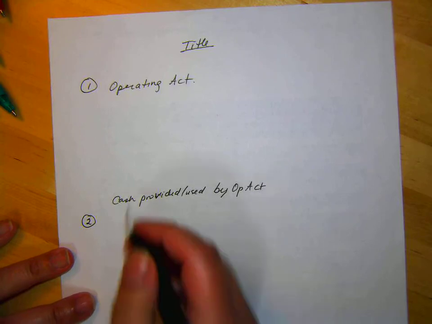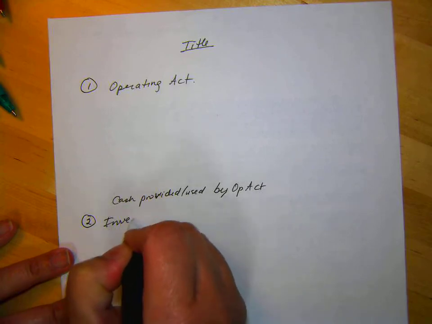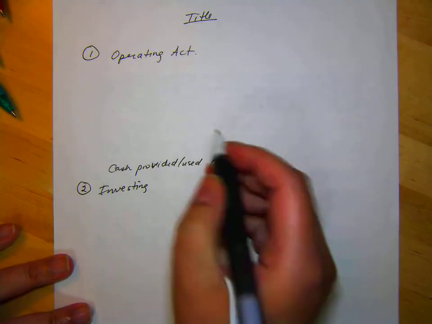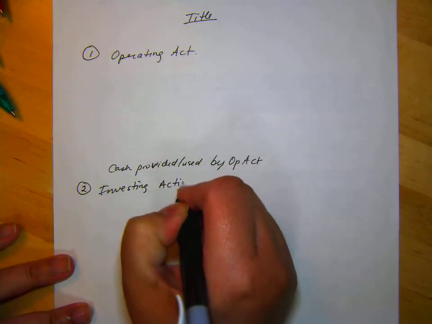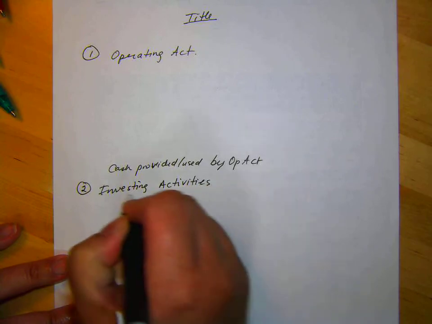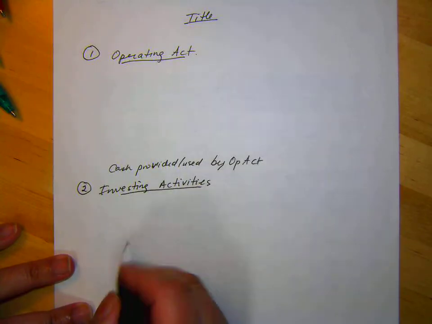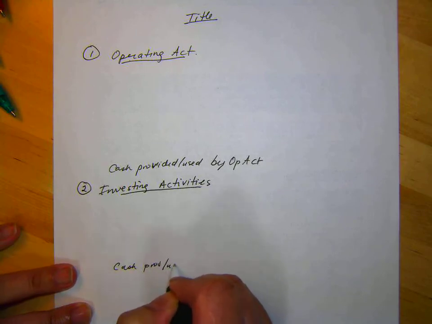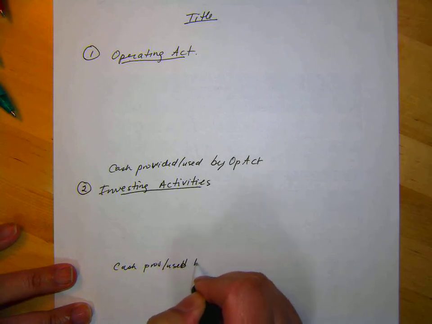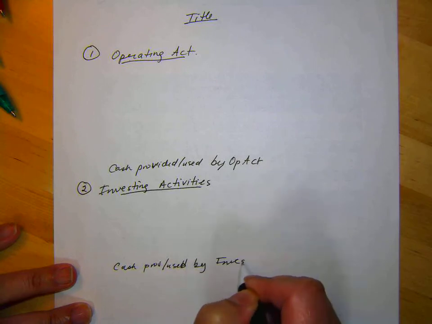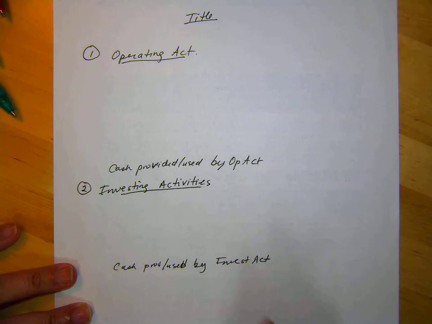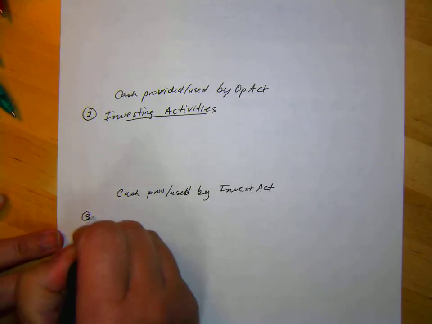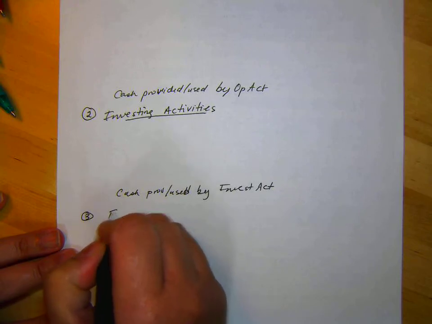Second thing is investing activities, and then cash provided by investing activities. And then our last section is going to be financing activities.